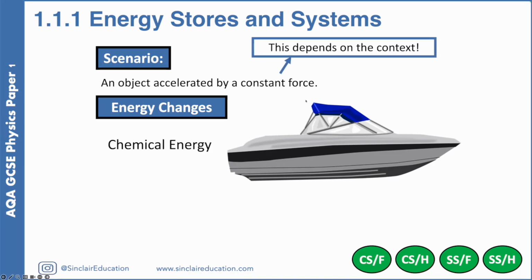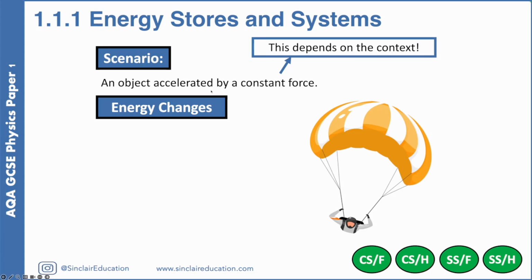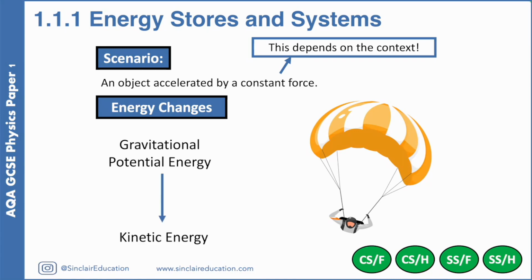In this one, we've got chemical energy, that fuel going in, storing this chemical energy, and this has been transferred into kinetic energy. However, if this object is falling, it is still being accelerated by a constant force. So gravity now is the force acting downwards, causing that acceleration. With falling, gravitational potential energy will be transferred into kinetic energy.